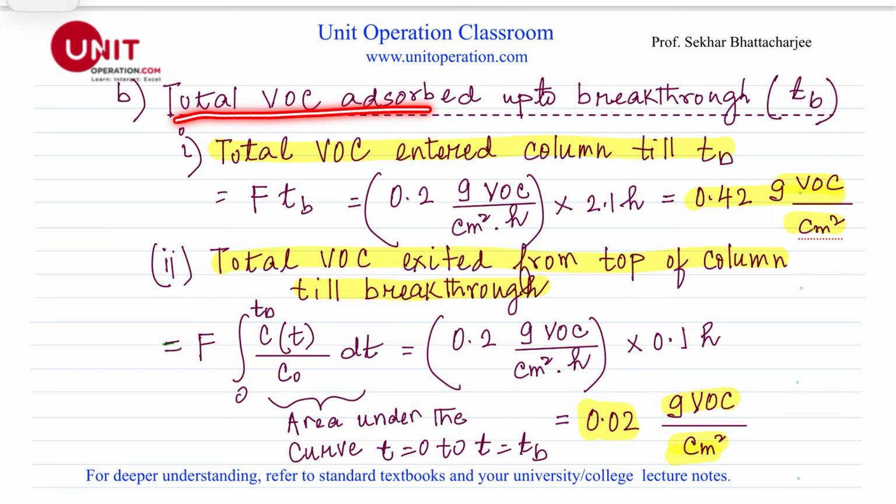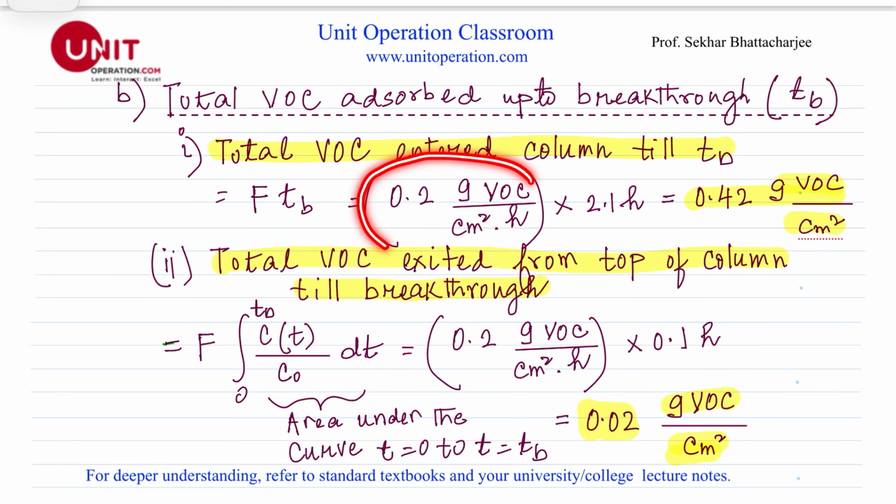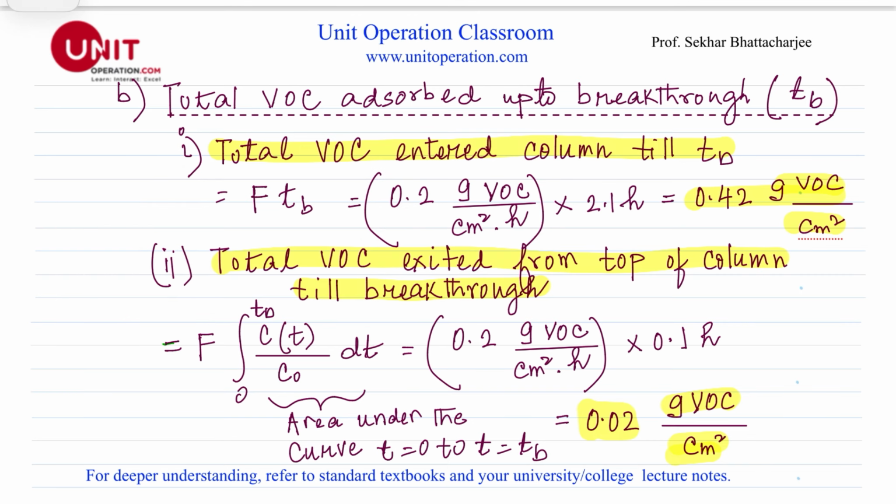Total VOC adsorbed up to the breakthrough time. For doing that, first we find the total VOC which has entered the column till TB, that means till the breakthrough time. That would be equal to F times TB. That means 0.2 grams of VOC per square centimeter hour is the amount of VOC entering. In fact, the entry could be the other way also.